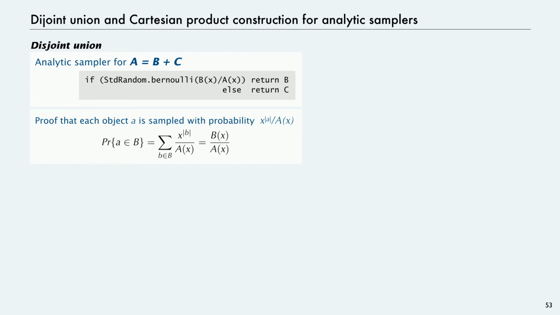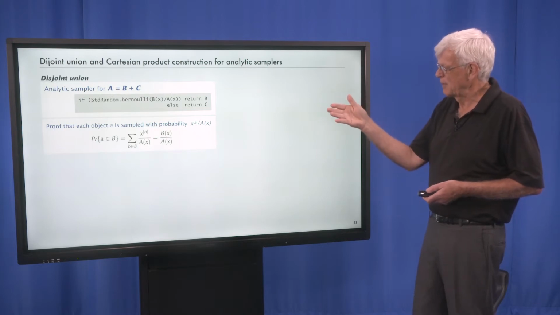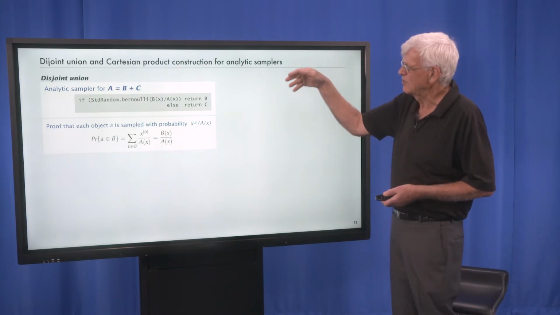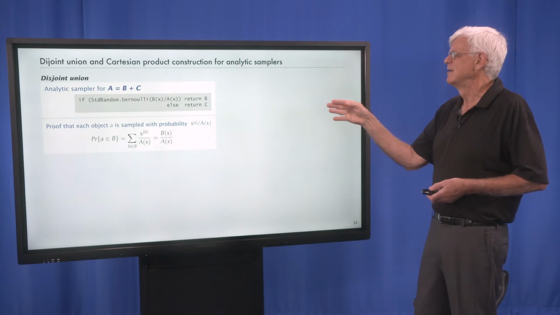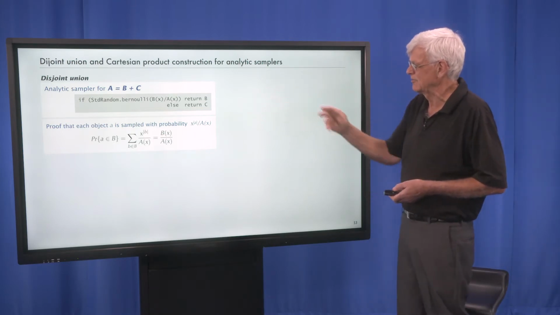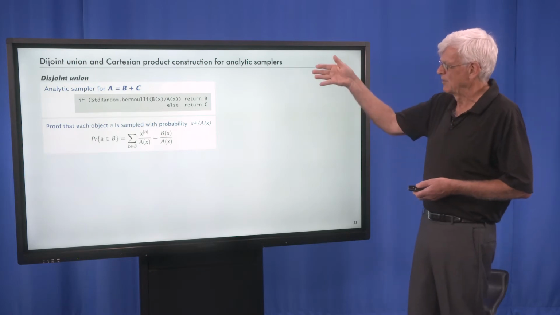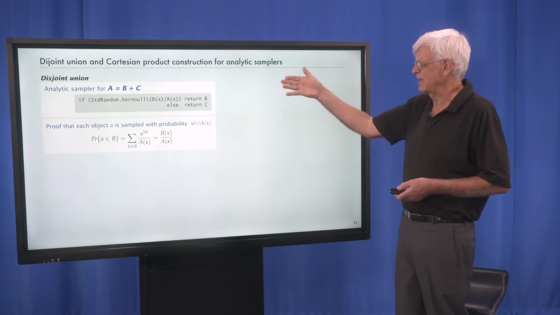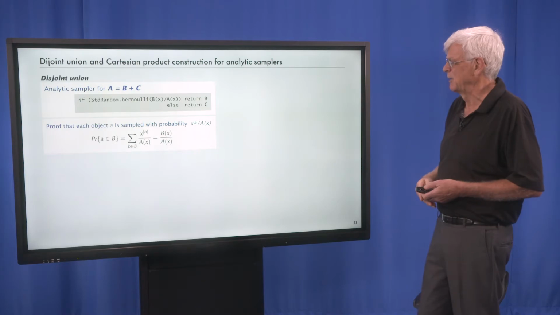And here's the proof that each object is sampled with the proper probability. If you want to compute the probability that an object belongs to B, you just sum over everything in B, x to the size of that over A(x), but that's exactly B(x) over A(x). So that analytic sampler exactly matches the needed probability.